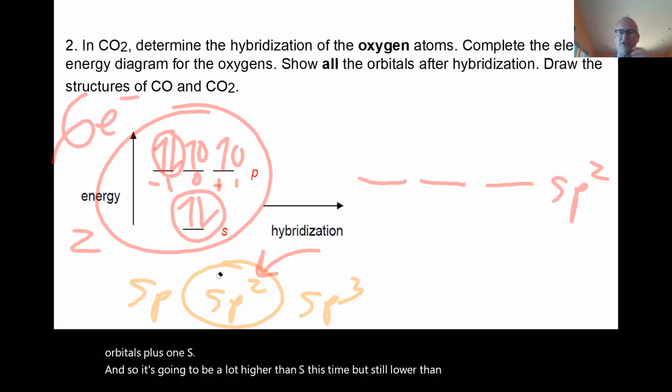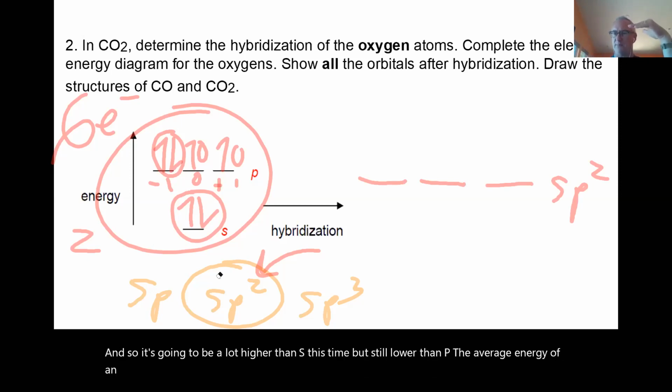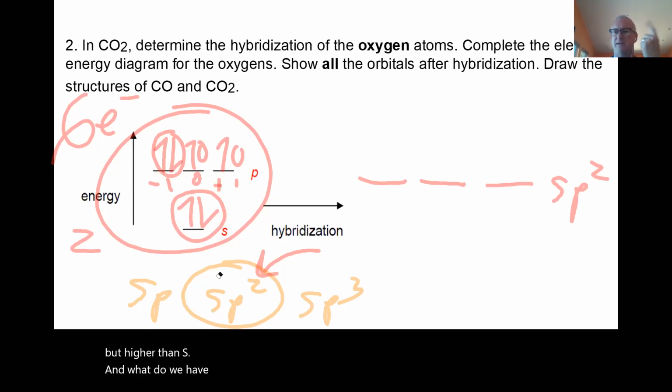The average energy of an sp2 would be lower than p, but higher than s. And what do we have left? There's only 1 orbital left. What orbital's left over?